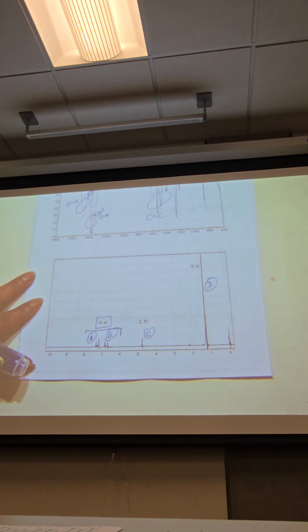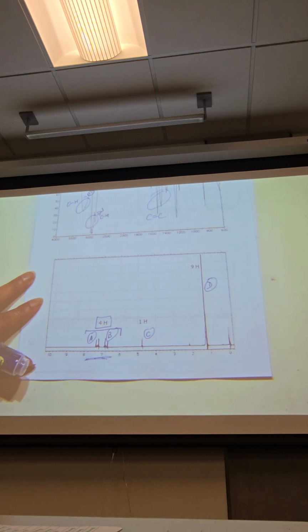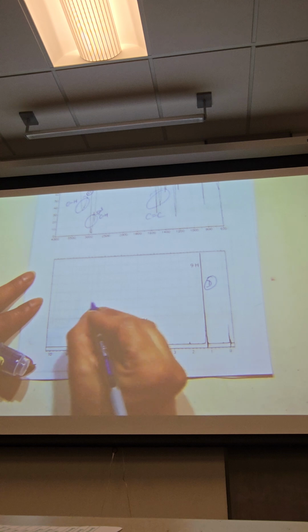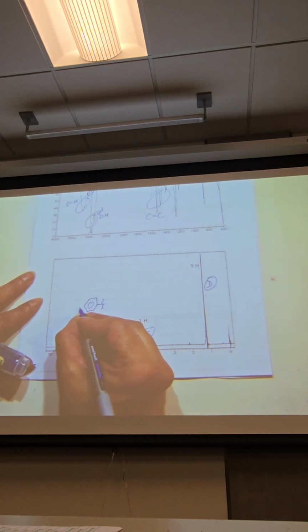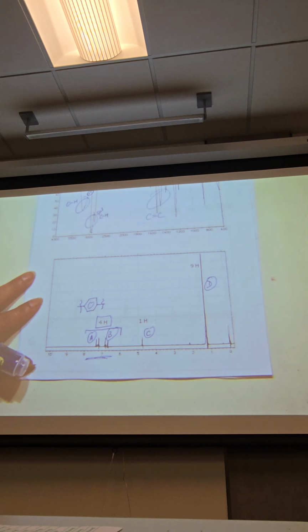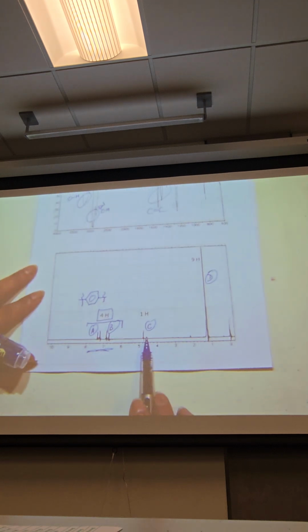What does that suggest? Notice the area. Because that's a doublet, that's a doublet. 2 doublets, almost equal size. So that is, again, a 1,4 disubstituted benzene. I'm going to come back to this in a second.